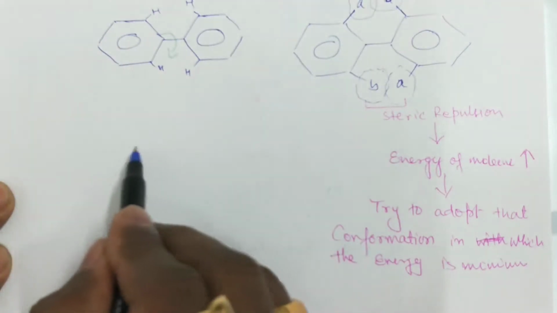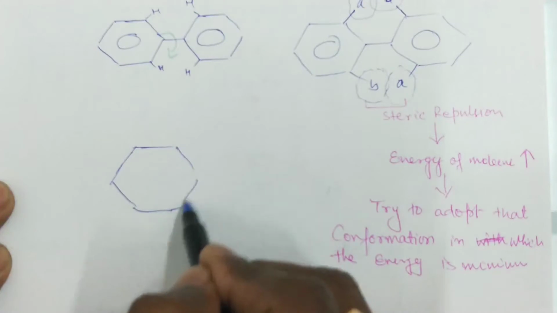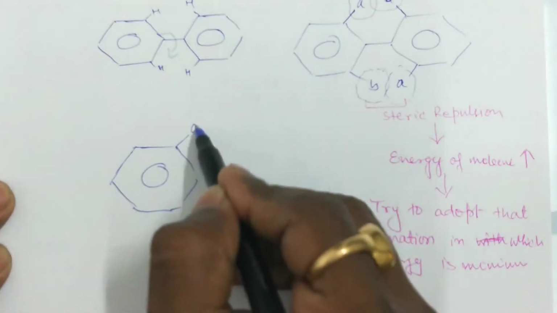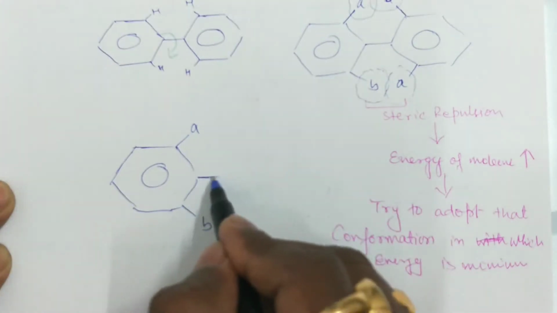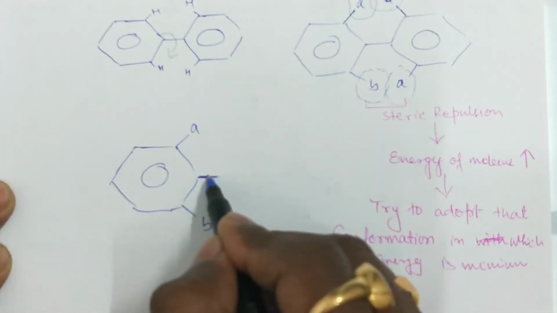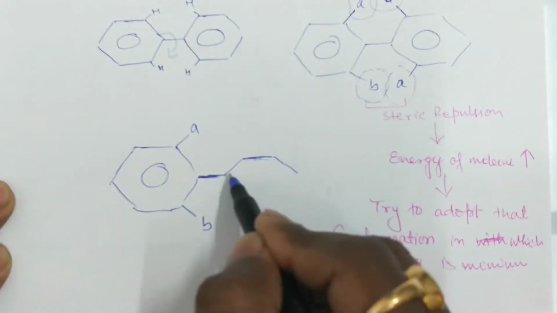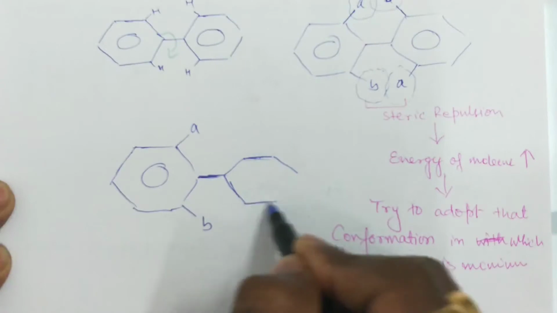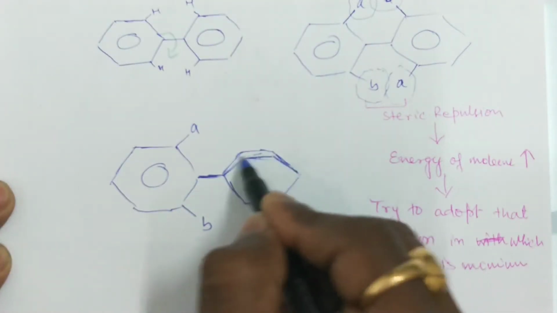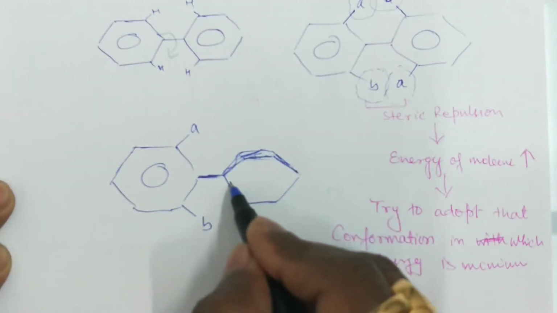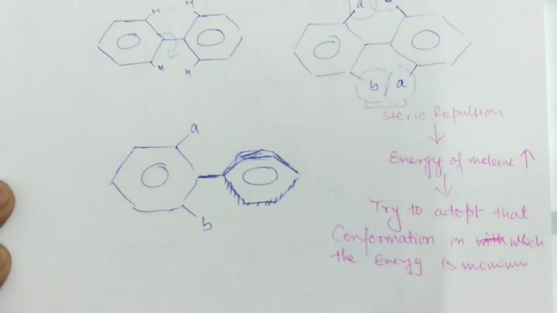So now how will this happen? Suppose that this is on the plane, A and B. Now this molecule will go like this, and this is like this, right?